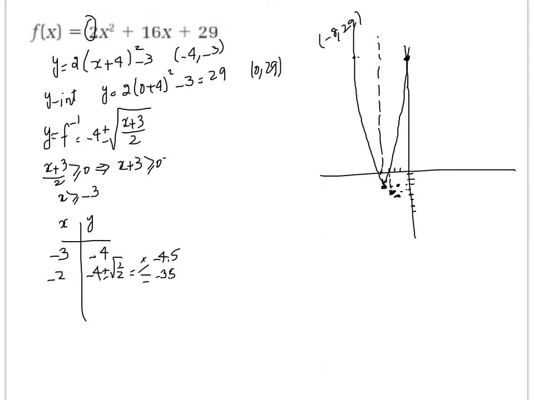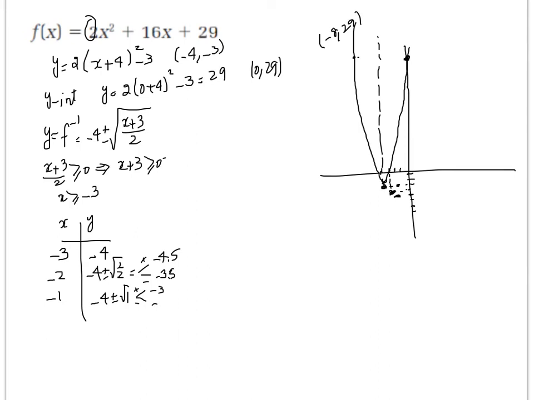The next point we are going to pick is negative 1, so you get negative 4 plus or minus. Negative 1 plus 3 is 2, divided by 2 is 1, so we get square root of 1. If we go with positive, we get negative 4 plus 1 is negative 3.